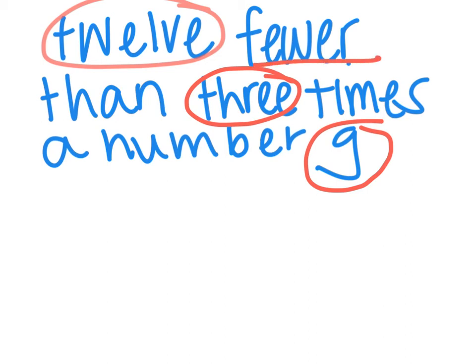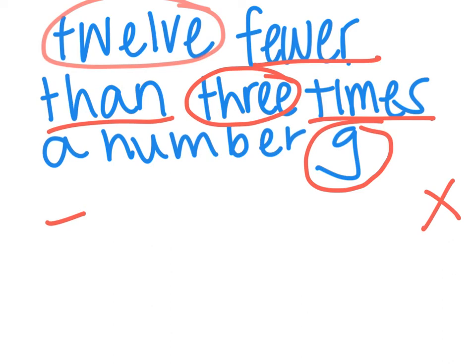Then I go back and I see fewer than, which gives me the light bulb going off in my head that I'm going to have to subtract, but I also see times. So when you have two key phrases that tell you about two different operations, that means you're going to have one of these more complex multi-step algebraic expressions. So we need to just take it step by step.